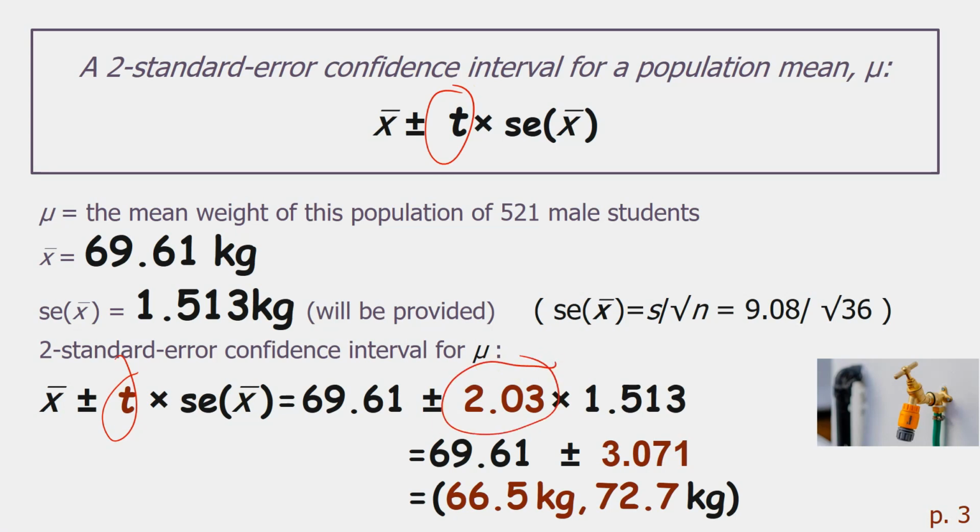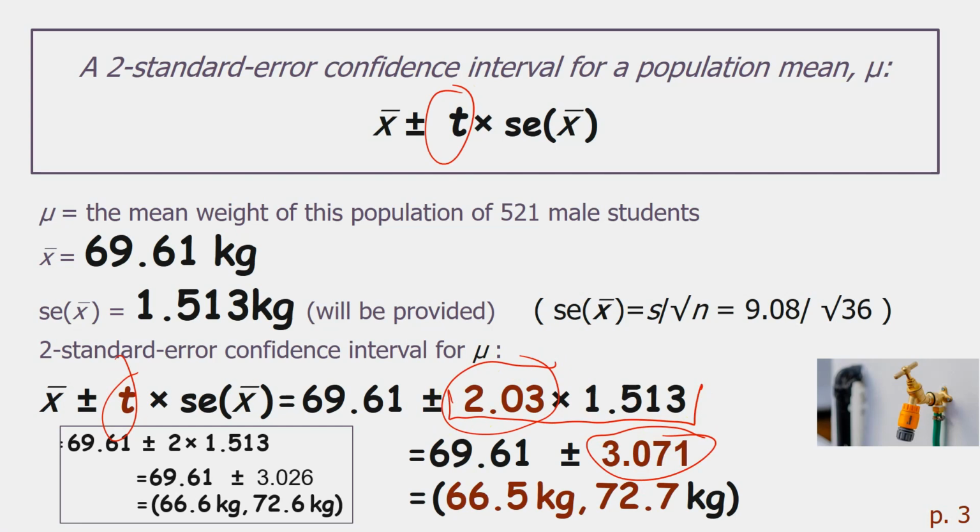And I'll show you how you get the t multiplier in a moment, but that goes in there. And you can see it's like a tiny bit bigger than 2. But that tiny bit makes a real difference. So that multiplication is going to change a little bit. So this bit changes a little bit. And our interval, if we compare it to the last one, it's just slightly wider, right? A little bit lower at the low end and a little bit higher at the high end.